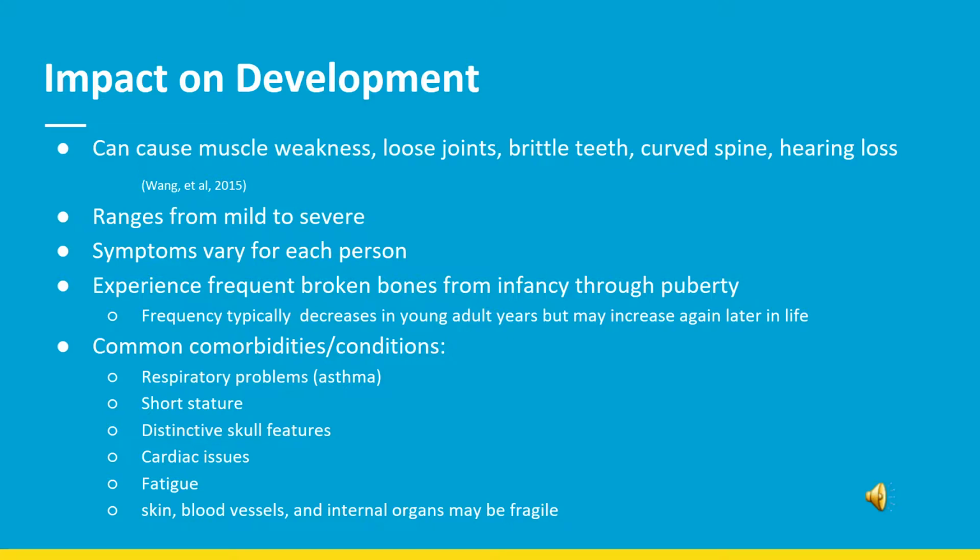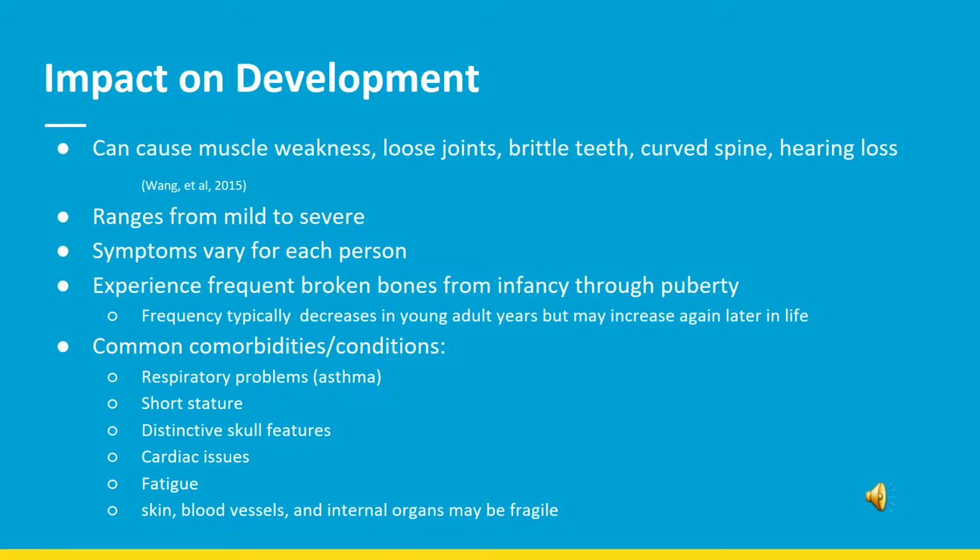So no one person will have the same exact symptoms. These individuals will experience frequent broken bones from infancy through puberty, and the frequency typically decreases in young adult years, but it could increase again later on in life.